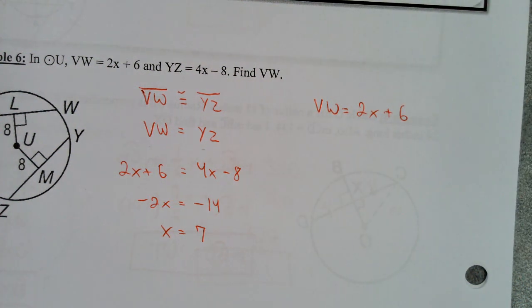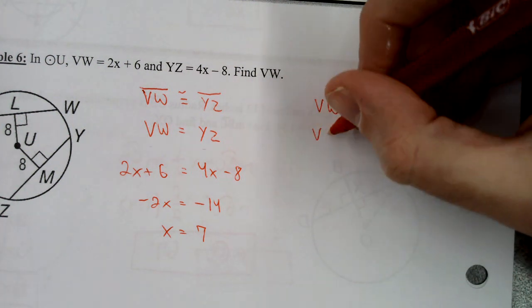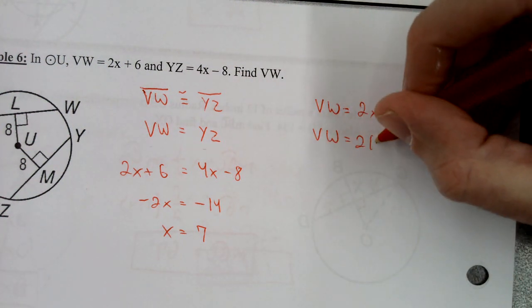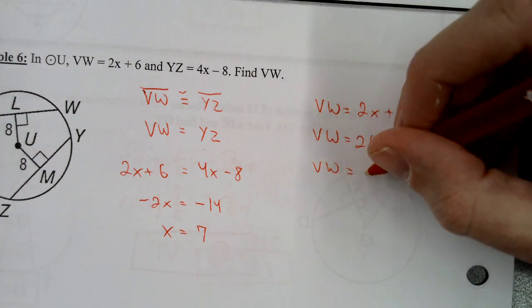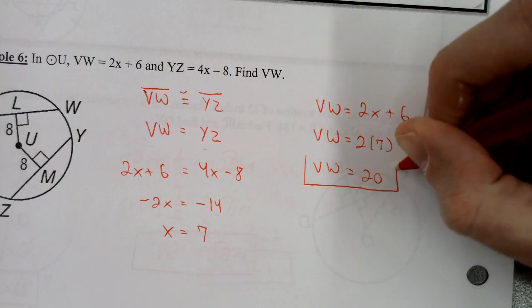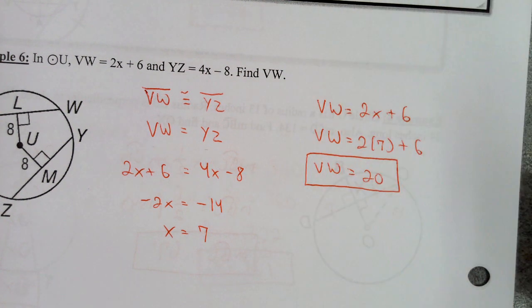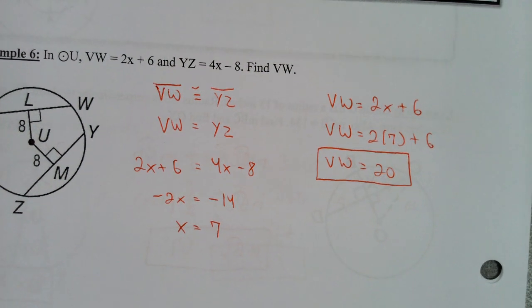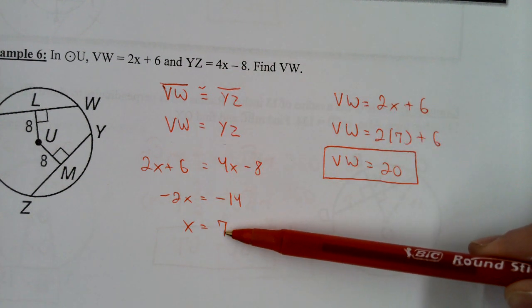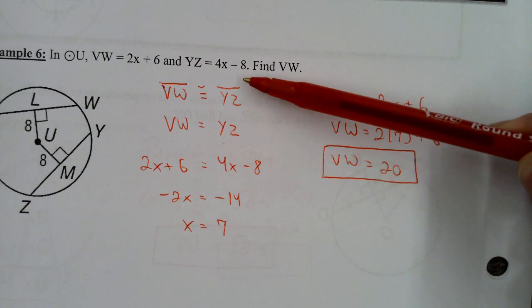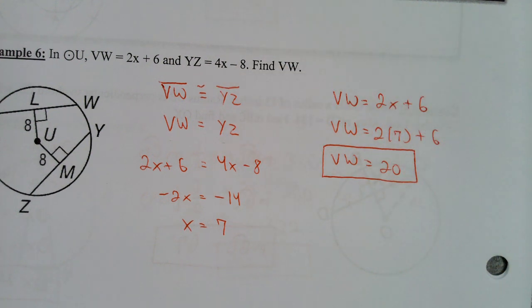So 2 times 7 plus 6 will be 20. Again, it doesn't hurt to do a quick double check. Let's see if YZ is also 20. 4 times x, 4 times 7 is 28, minus 8 equals 20. Good, it's the same.